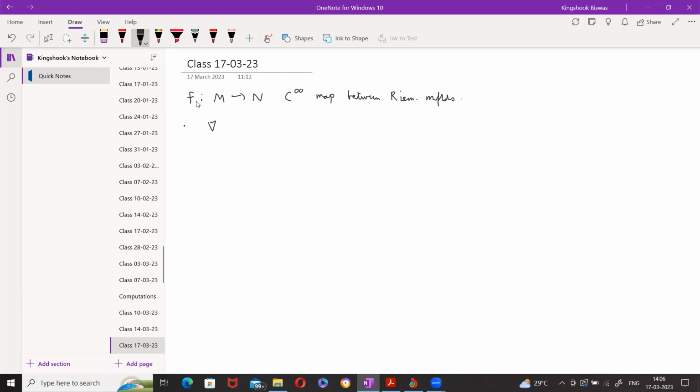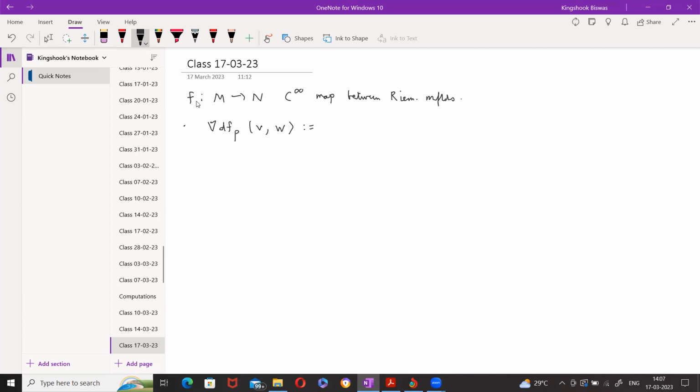The second fundamental form, nabla df, was a bilinear map from TpM cross TpM to T_F(p)N, acting on a pair of tangent vectors V, W at P.